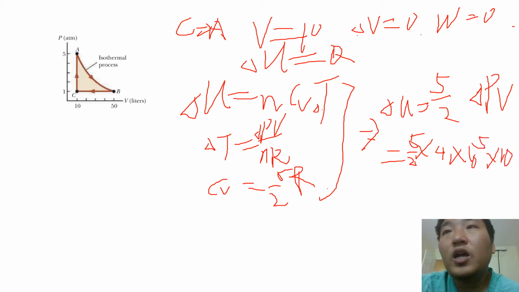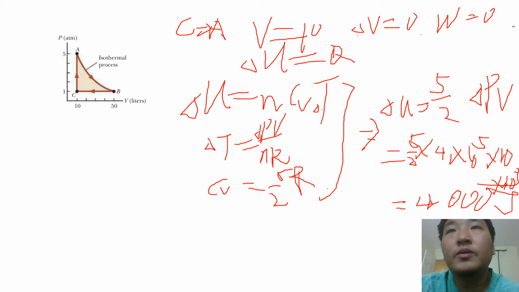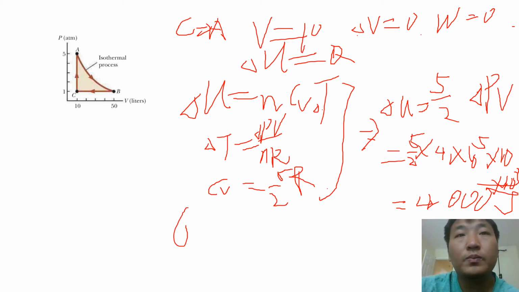So 10 times 10 to the minus 3, that is 4,000 joule changes in the internal energy. And because of the 4,000 joule change in the internal energy, the Q equals 4,000 joule as well.